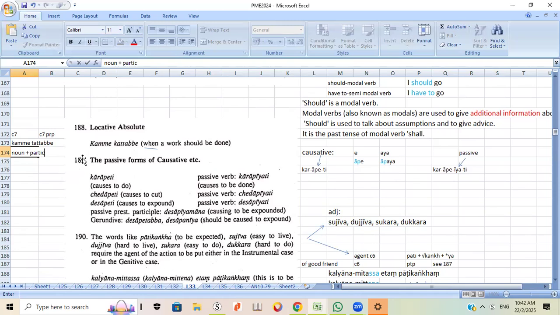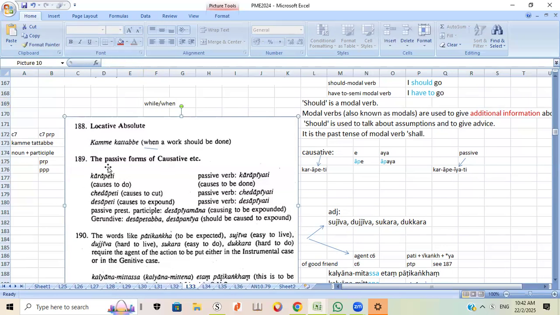Participle means it can be present participle or past participle. It has to be like that. When this is met, then it's called locative absolute. When it is locative absolute, you use the word when or while, according to your sentence, like while he is going.